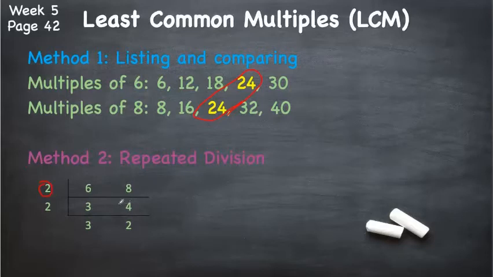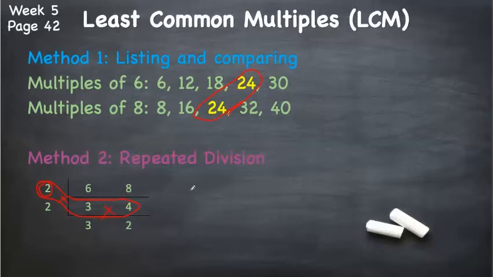Now, we can actually multiply 2, 3, and 4 right away, right? Because there are no common factors. We cannot divide 3 and 4 evenly, okay? But there's also another option. We can multiply 2 times 3 times 4.